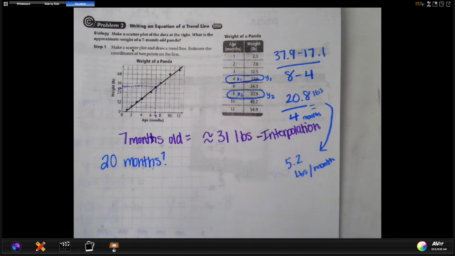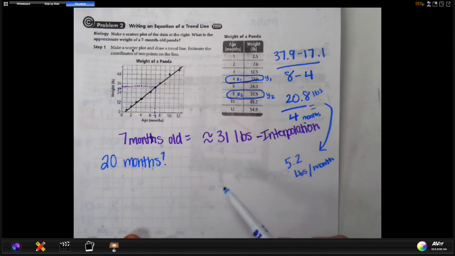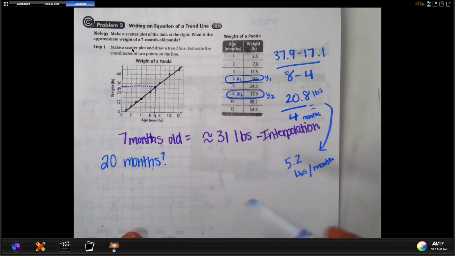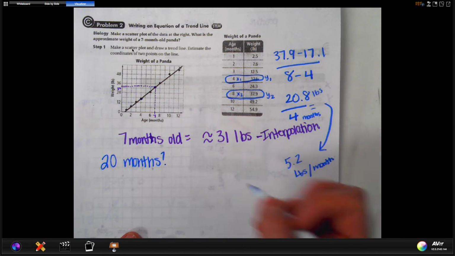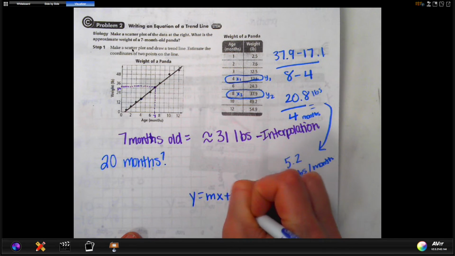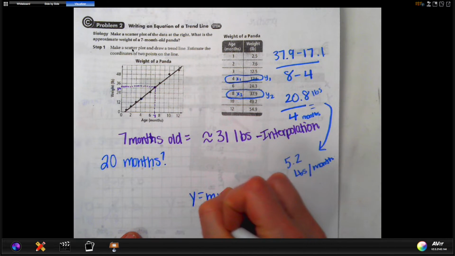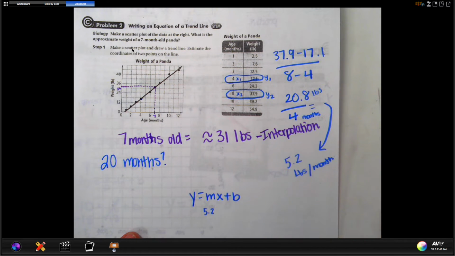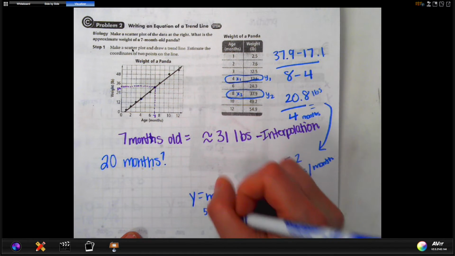So, now, if I take a piece of data here, and I put it in. Now, this is where it gets a little bit weird, but let's take one of our points, right? We're going to use y equals mx plus b. We're going to put 5.2 in for m, and we're going to use one of these. I'm going to choose 4 and 17.1.